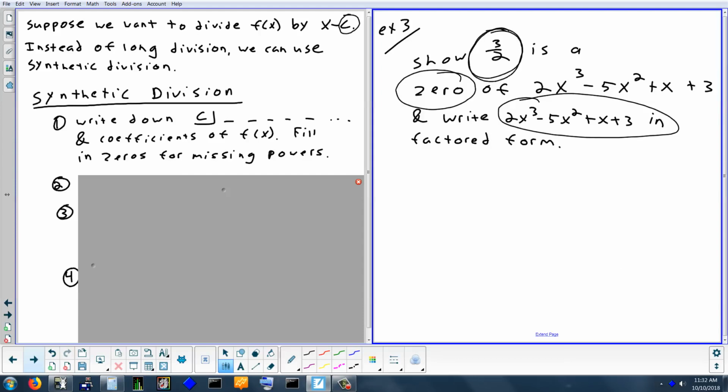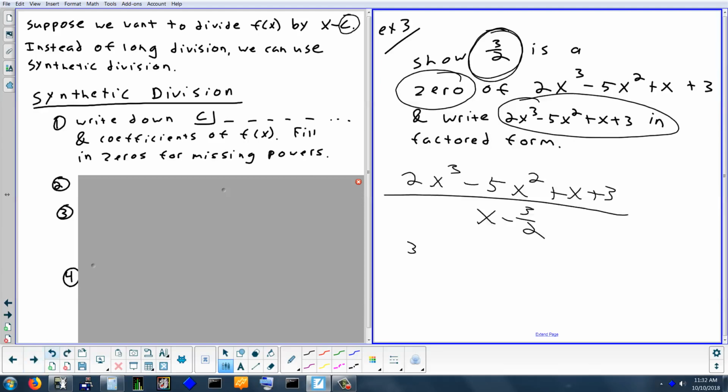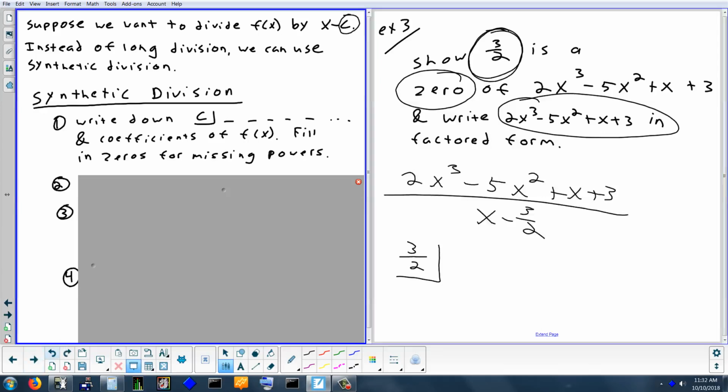So now you write down the number that comes after the minus sign, 3/2. And now you're going to write down all the coefficients of the numerator: 2, -5, 1, 3.